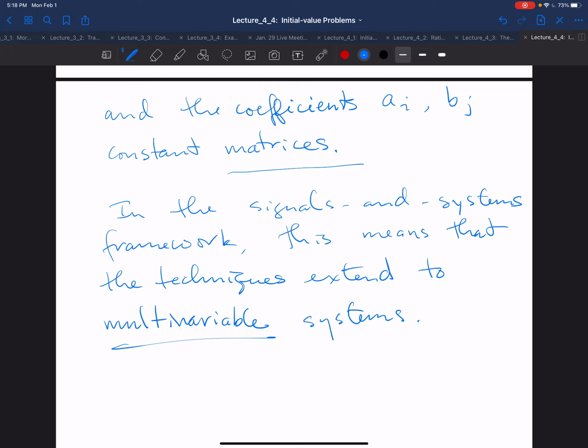In order to talk about the final value theorem, we introduced rational functions, or at least the definition of rational functions, and some terminology concerning rational functions having to do with properness, strict properness, poles and zeros.